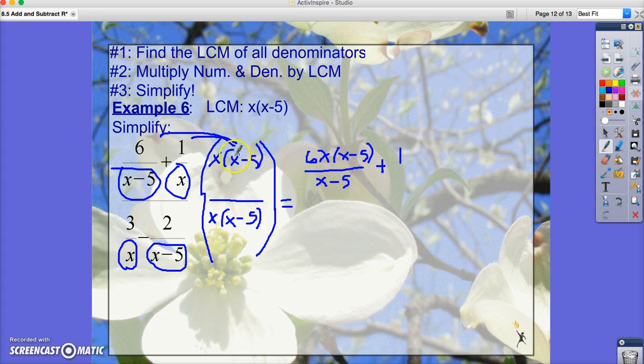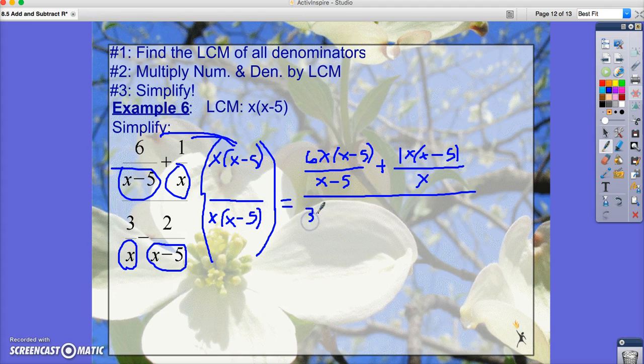Plus 1 times my LCM, x minus 5, all over, what's in my denominator, just the x. And then we're going to do that for the bottom. So once again, I'm only doing the numerator. You see my little denominators, x minus 5 stays put, x stays put.